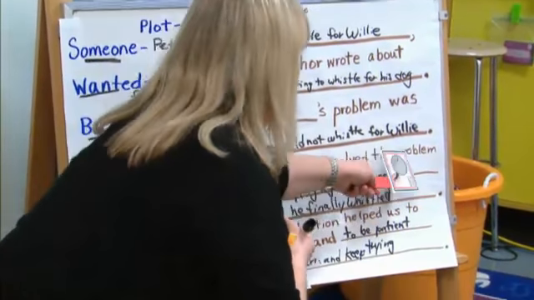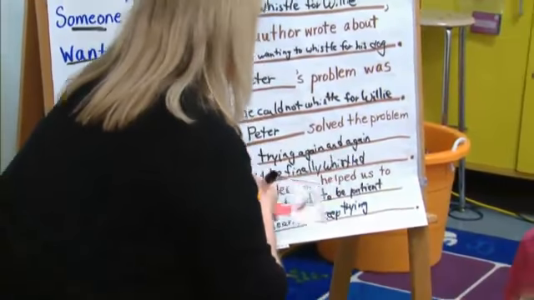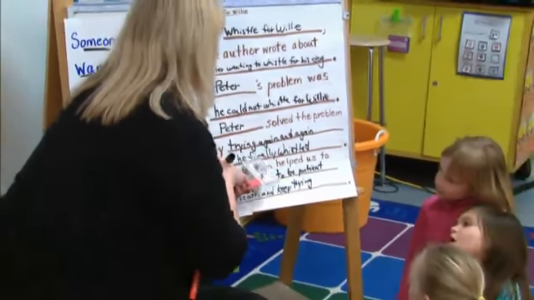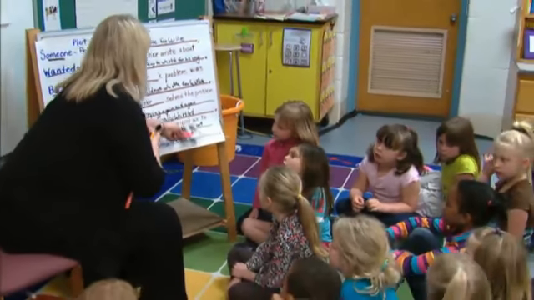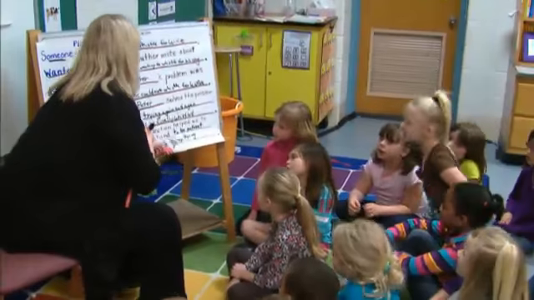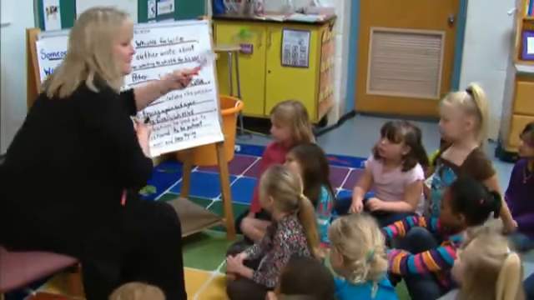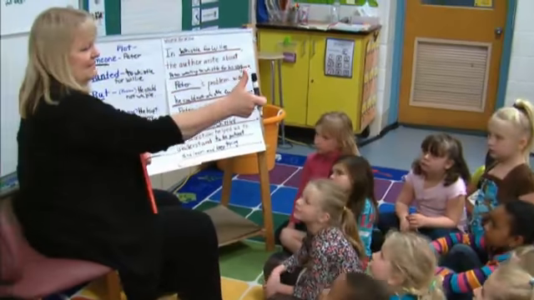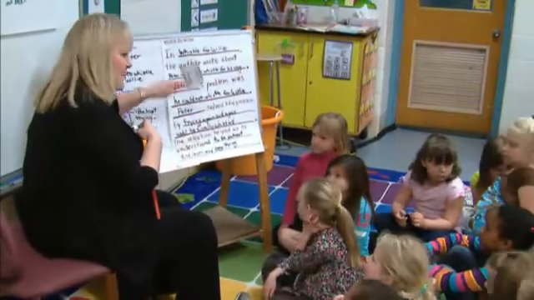Peter solved the problem by trying again and again until he finally whistled. Y'all like that response? You like that? Turn and tell your partners why you like that. Why does that make sense?